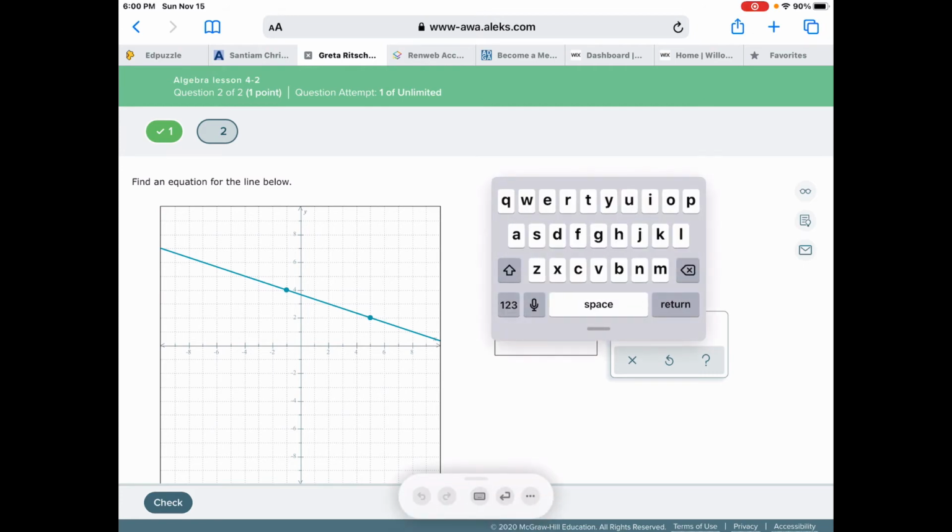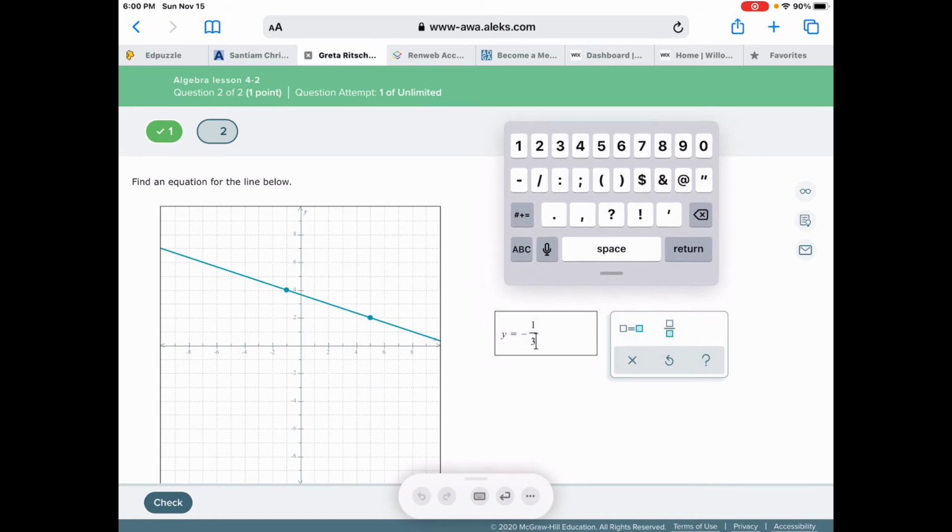Y equals negative 1/3 x. I sure hope that was plus 11/3. Check.